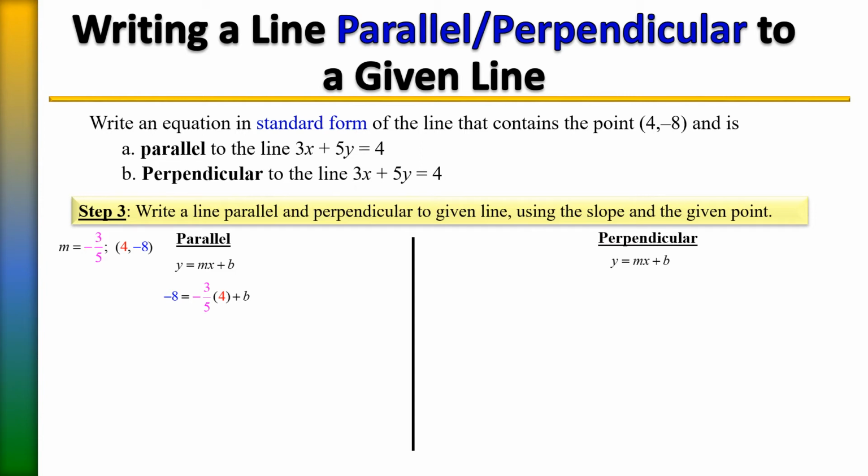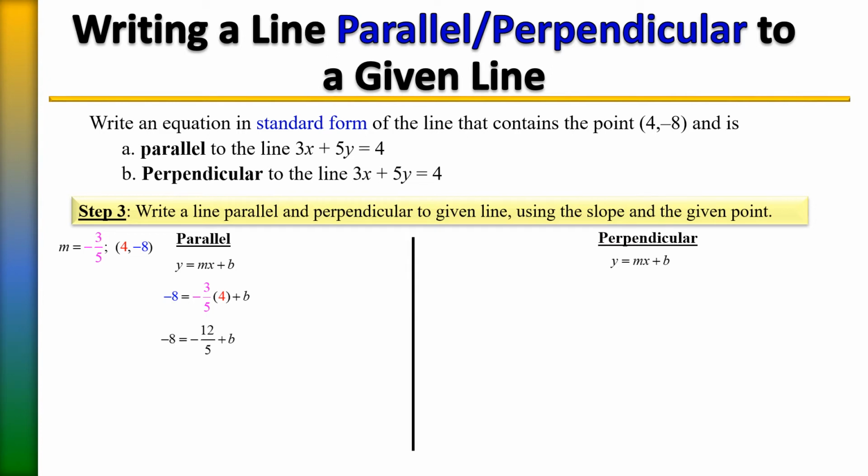In doing so, multiplying your numerators together will give you -3 times 4, which is negative 12. And then on the bottom, 5 times 1 will give you 5. Anytime you have a negative and a positive, it's going to make the whole fraction a negative. So it's negative 12/5 is what it equals.